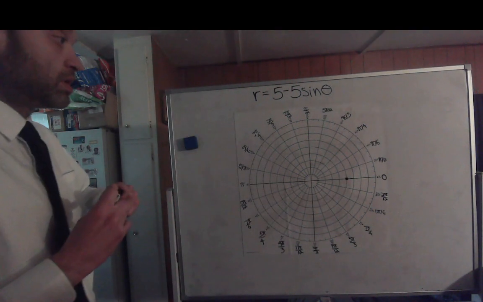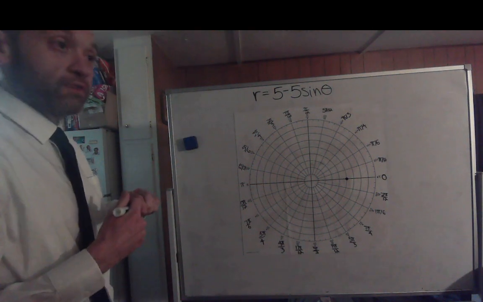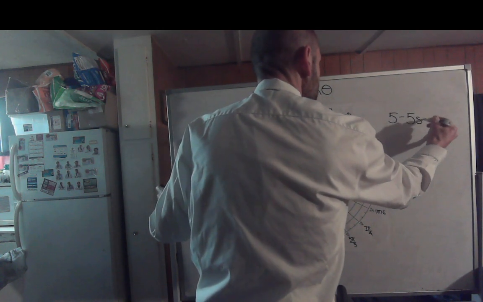Okay, now next special angle is pi over 6. So if I take 5 minus 5 times the sine of pi over 6, well, what's the sine of pi over 6? That's 1/2, right?